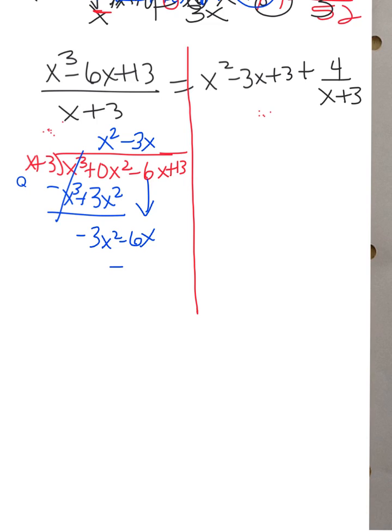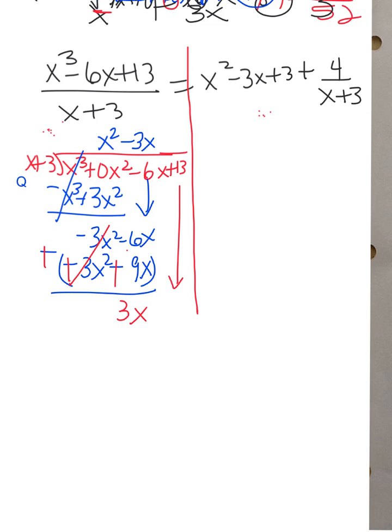So I have negative 9x when I multiply down, minus 3x squared. Now I'm going to subtract. When I subtract a negative, that becomes a positive, right? So this is positive, positive, and positive there too. So that cancels out. So I have negative 6x plus 9x is 3x. Bring down the 13.